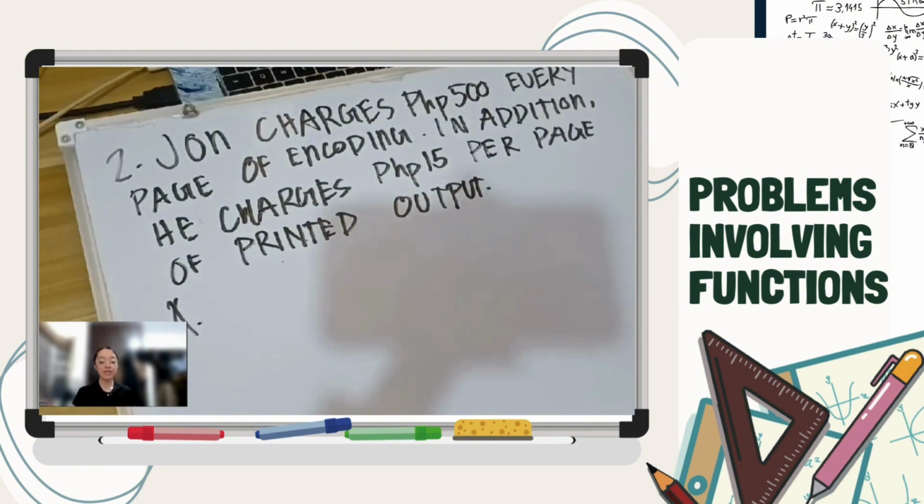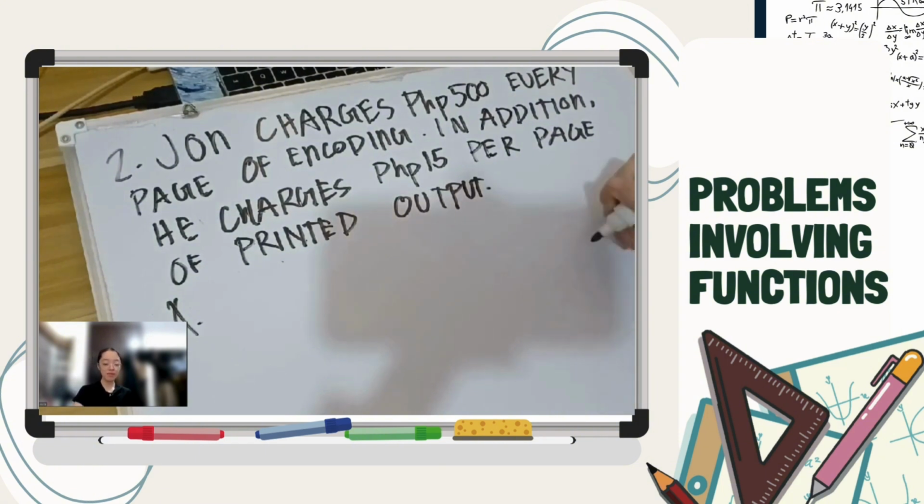Question 2. John charges 500 pesos every page of encoding. In addition, he charges 15 pesos per page of printed output. In category A, it says, write the function rule that will provide the amount of C for P encoded pages. So John will be paying 2 charges, one for every page and one for every output.